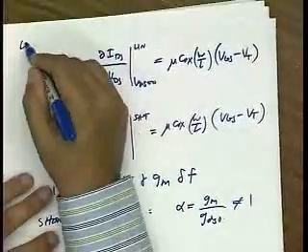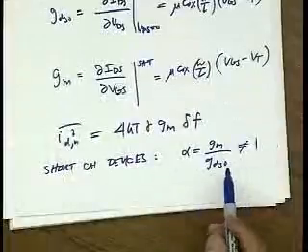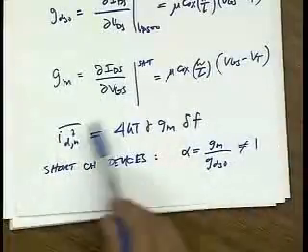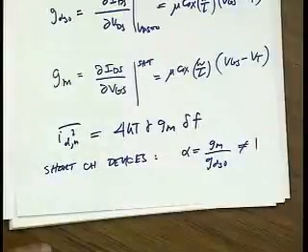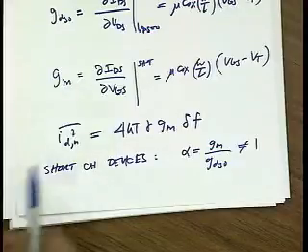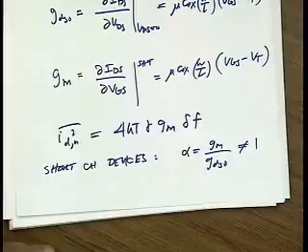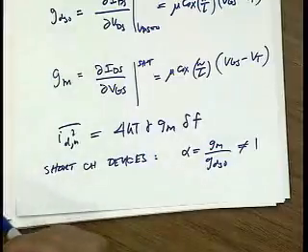This is for long channel. It's in fact less than 1. So some early researchers who used this expression to find the thermal noise of short channel devices came back and found that the noise was actually quite a bit larger. And this was a big problem. Wow, the noise of short channel devices is much larger. They were claiming that gamma could be as large as 4 or 5 instead of 2/3.